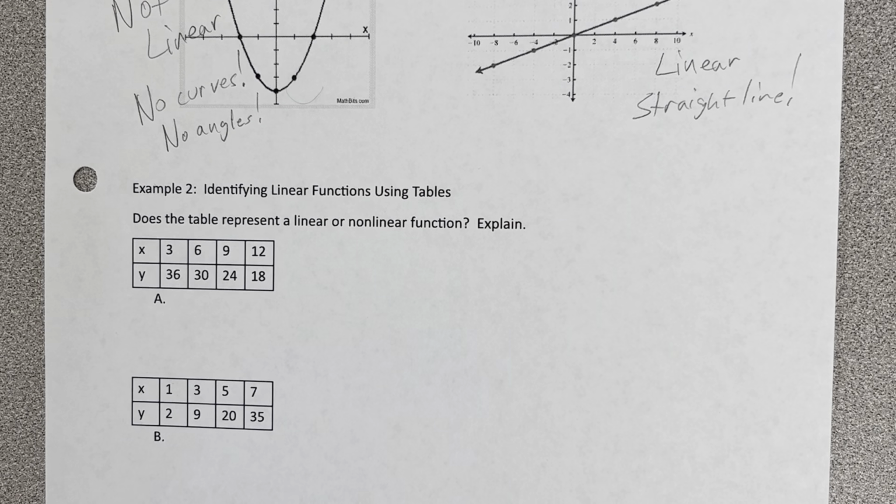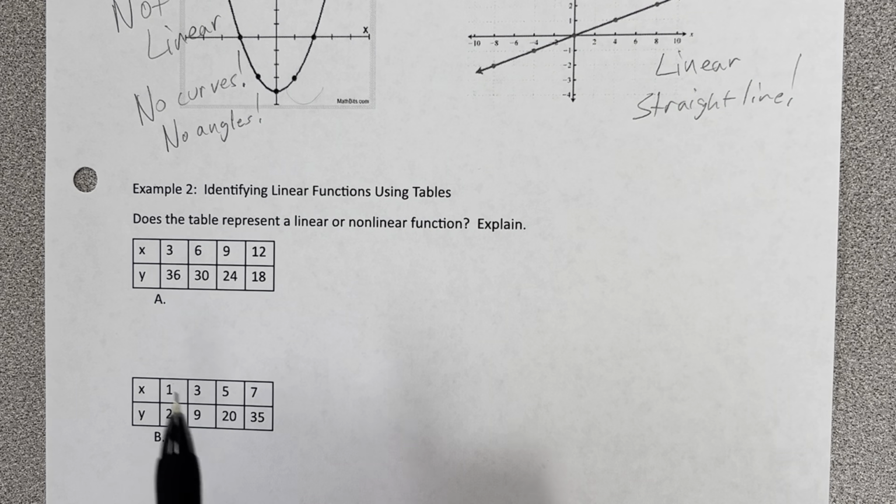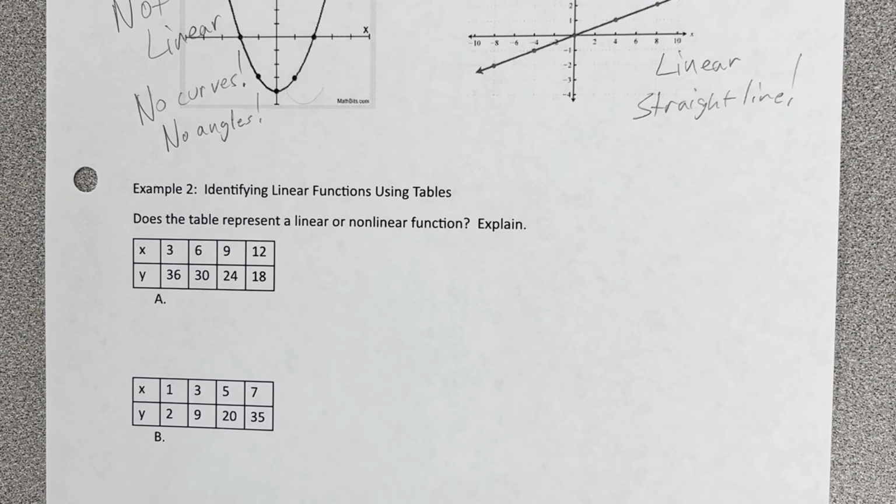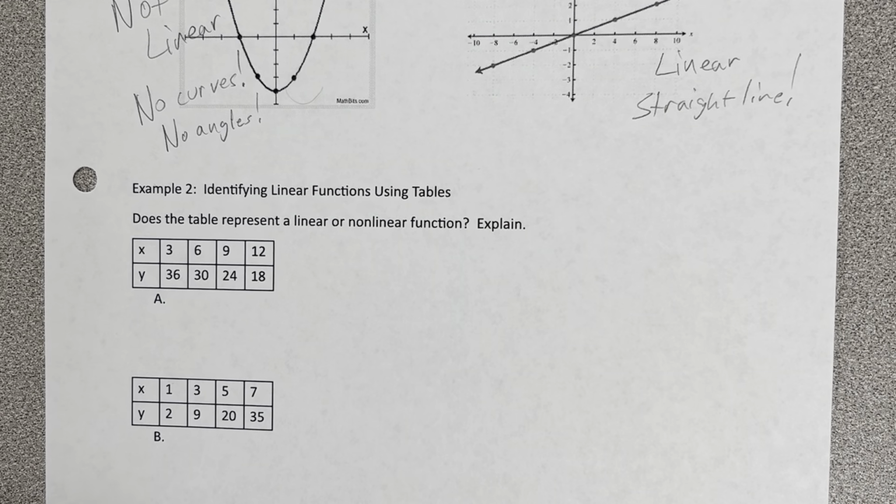Well, you can also figure out if data is linear or not by looking at a table of values. Now, you could certainly graph these and then look at the graph to determine. But it turns out if they're giving you consistent data, if they're giving you regular data, then you should be able to tell by looking at certain patterns if it's linear or not.